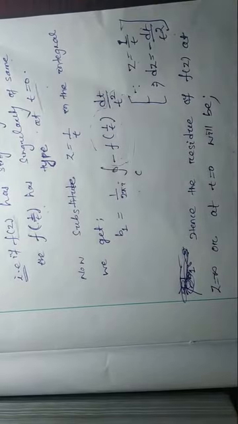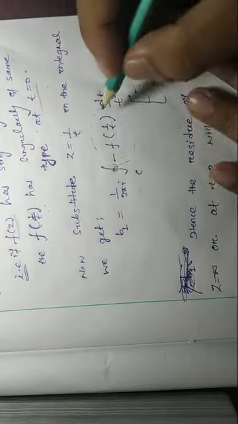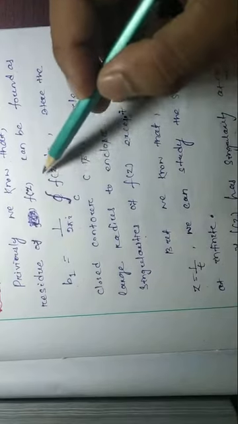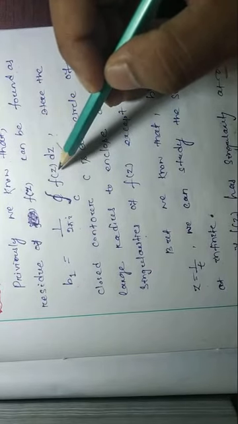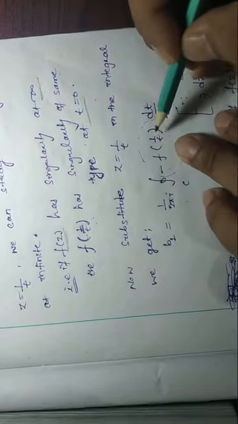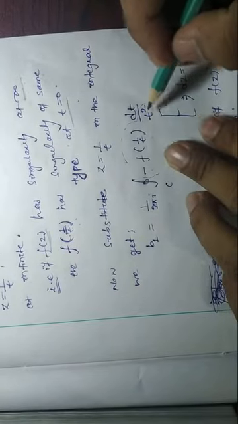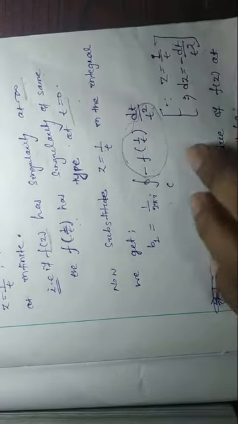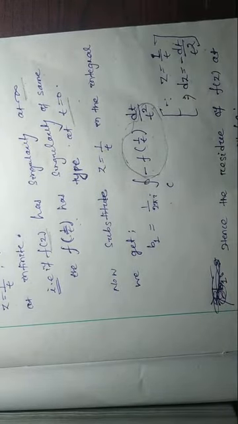Whatever function we get instead of dt, we have to consider as f of t, or f of 1 by t. In f(z) we put 1 by t instead of z, and when we change dz, it becomes dt by t square. So this whole thing will be considered as the so-called f(z).